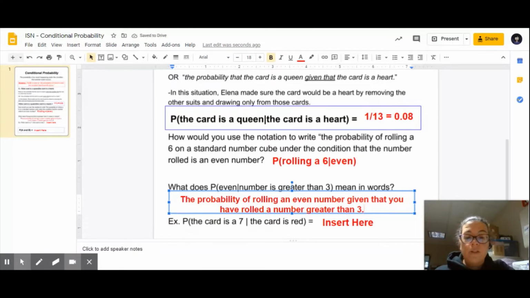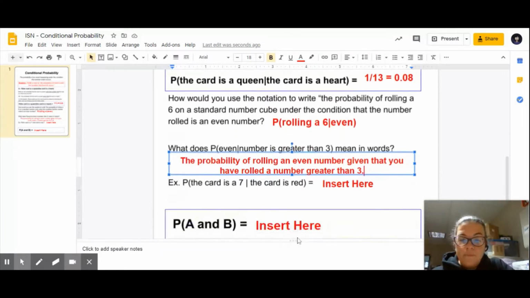So first you would look in the group of rolls that are greater than 3. Then you're going to look in that group for the ones that are an even number. So let's do this other example here at the bottom.